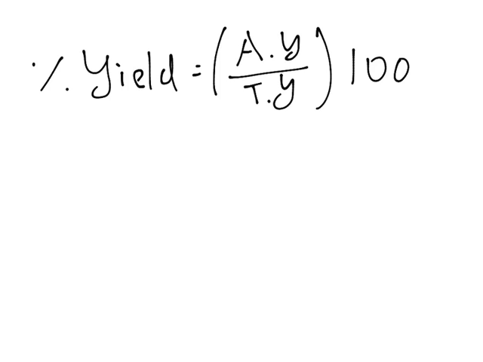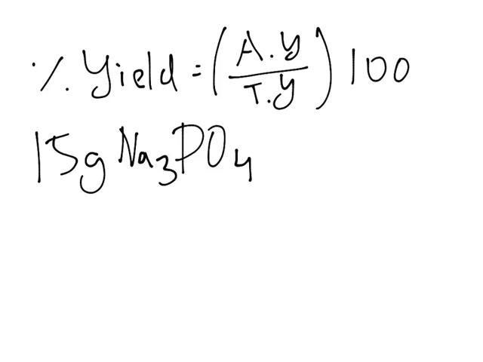You will usually be given what the actual yield is, and they will ask you what the percent yield is. So they are telling us that the scientist collects 15 grams of Na3PO4, or sodium phosphate, and they want us to determine the percent yield.